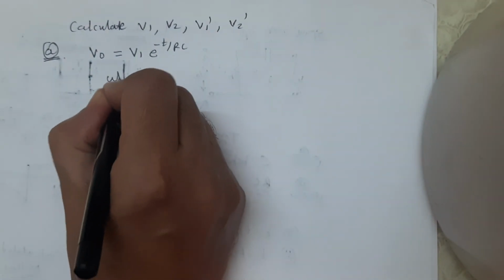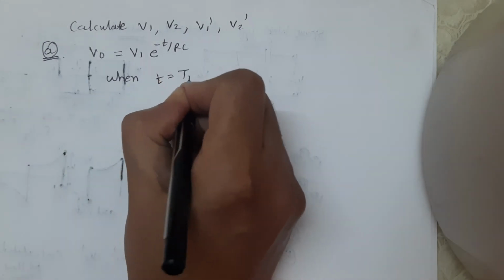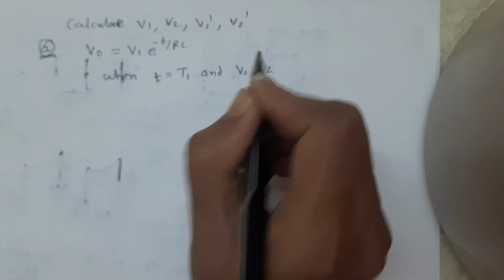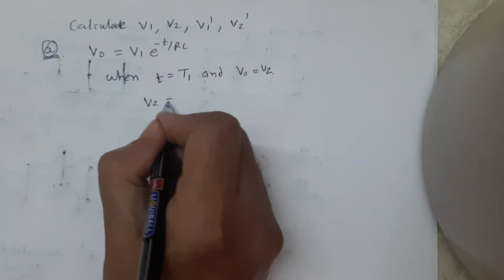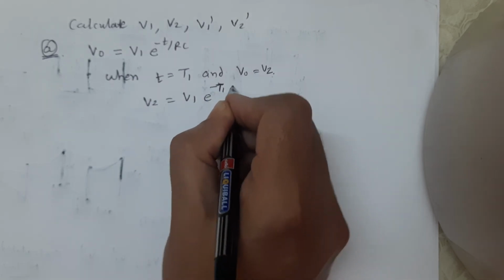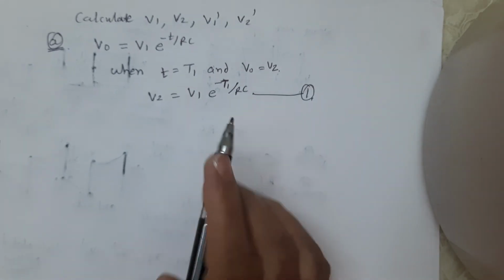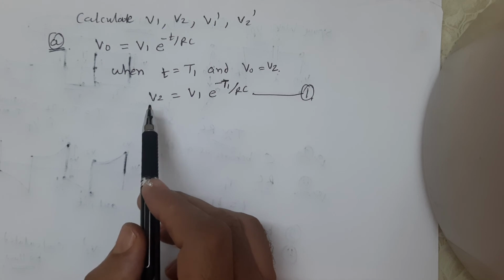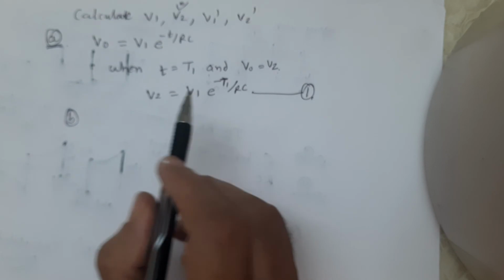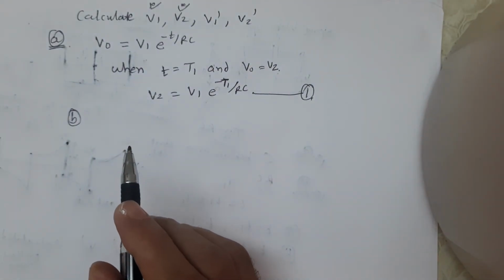When t is equal to capital T1 and V0 is equal to V2, then we find V2 is equal to V1 e raised to minus T1 upon RC. In this way, this is our first equation. We find the value of V2. Now second, B. We find the value of V2 with respect to V1.